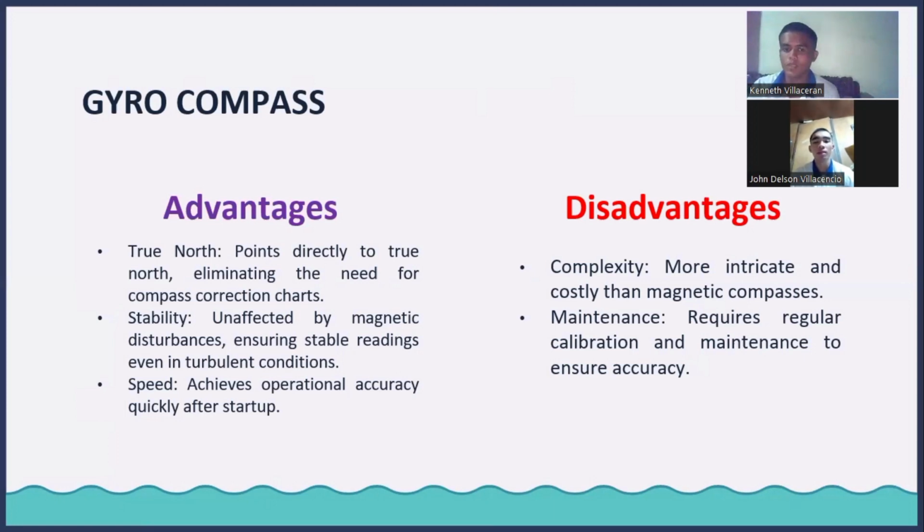The disadvantages: complexity, more intricate and costly than magnetic compasses. Maintenance, it requires regular calibration and maintenance to ensure accuracy.